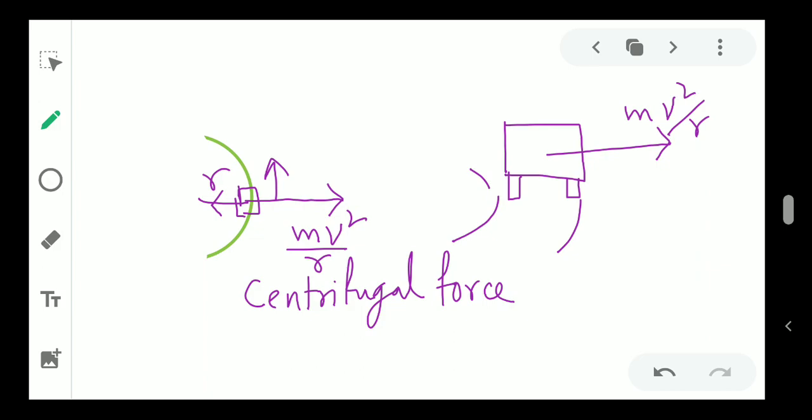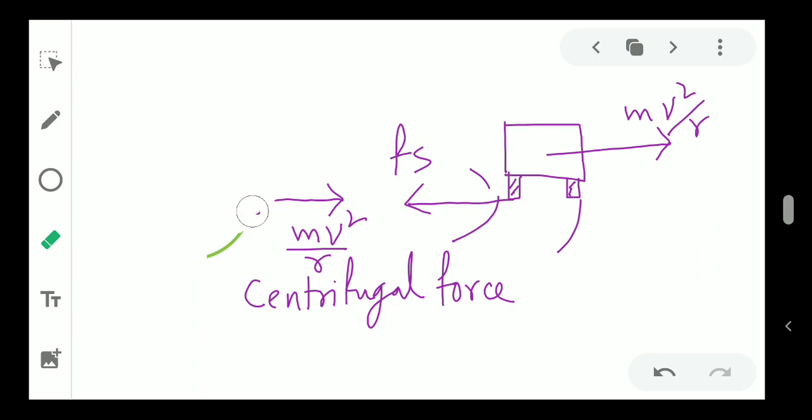So what happens? Because of the tire, you know that tires have very good grip. When the tire wants to go in the outward direction, the frictional force acts in the opposite direction so that the car doesn't slide off. So this frictional force must balance the centrifugal force.